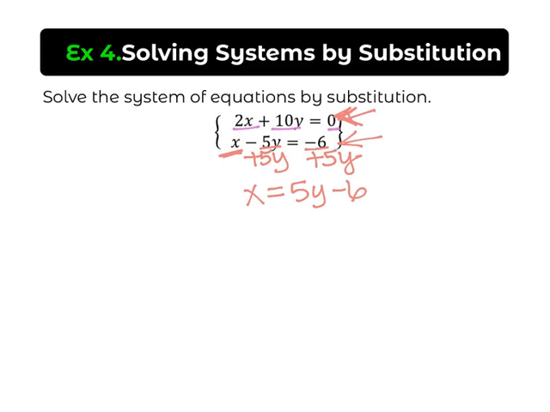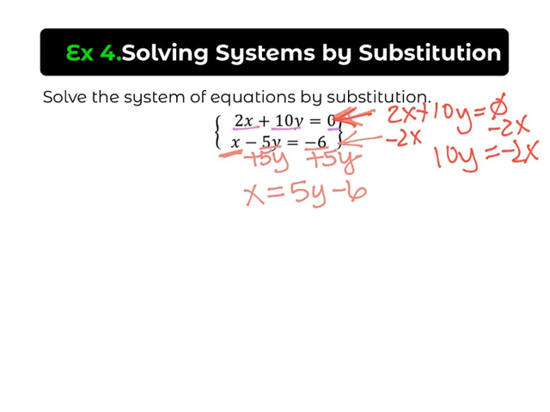Okay, if you're going to solve this guy for y, that's fine. So you've got 2x plus 10y equals 0. So subtract the 2x. You've got 10y equals negative 2x, because 0 minus 2x is just negative 2x. Divide by 10. Look, you end up with a fraction, right? Negative 1/5 x.